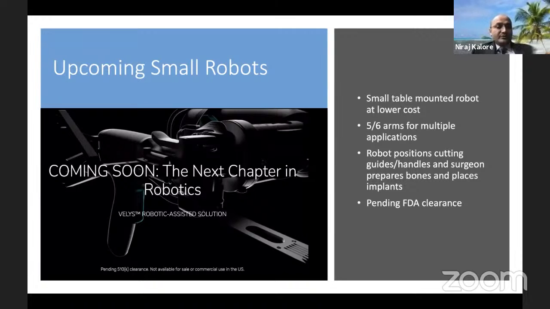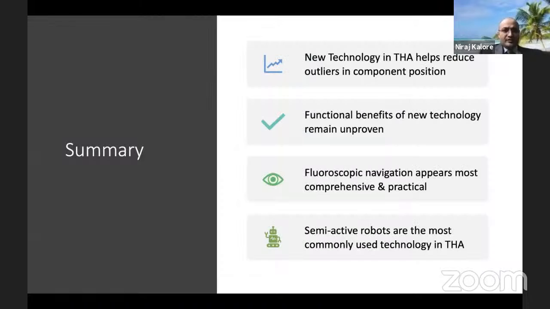The robotic arm will basically position the guides for you. There are no pins, so the pin site issues are not there. This will be mounted on the OR table. This is a smaller footprint. And of course, there are no studies right now to see what it will exactly do. It's still pending clearance, probably coming out this year.